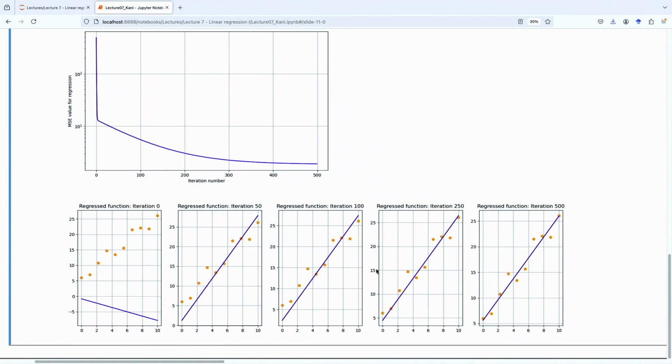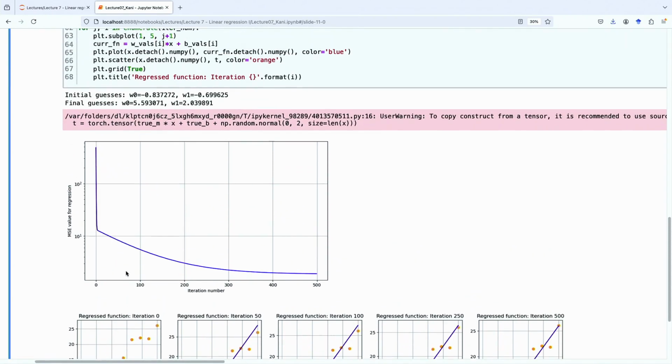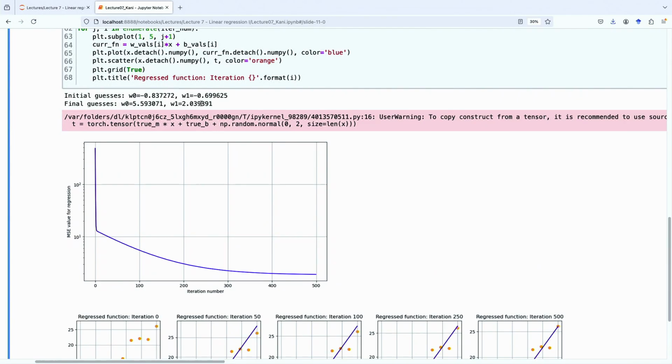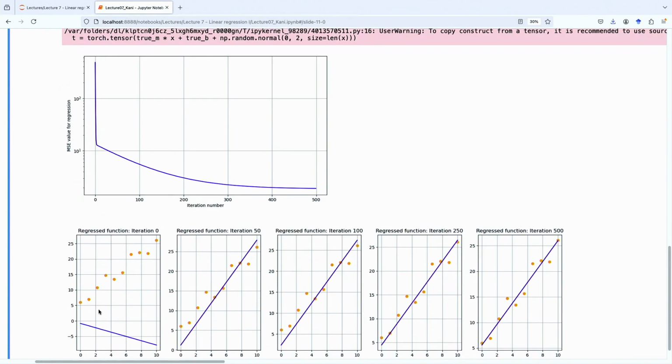And again, if we check the actual line, we see that the line starts out as pretty much completely wrong. What was the initial guess? Oh, the initial guess was that the slope was negative, and the bias was also negative. So we start out with a line that's completely wrong, and then through multiple iterations, we go towards a line that's more in line with the data.